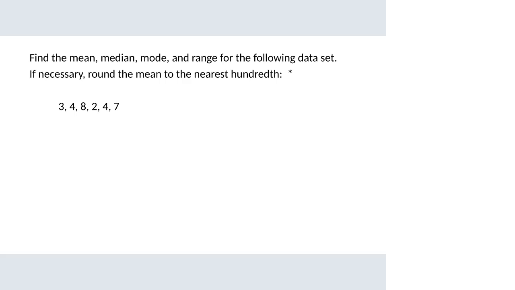So go ahead and find the mean first: add them up and divide by how many there are. The median, the number in the middle, make sure you list them from lowest to highest first. The mode, the one that occurs most often, and the range, highest minus lowest. And then once you have the mean and the median, you can answer the poll.